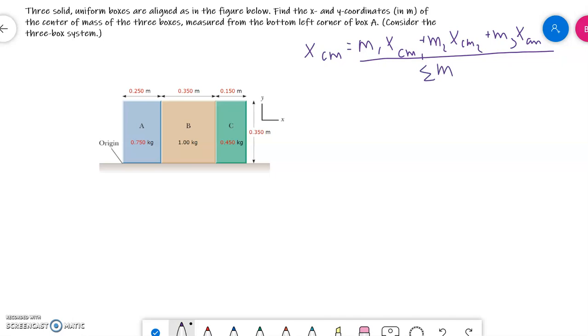So we have 3 masses A, B, and C, and those will be respectively 1, 2, and 3. The mass of each block is given in kilograms, and we need the center of mass for each block.